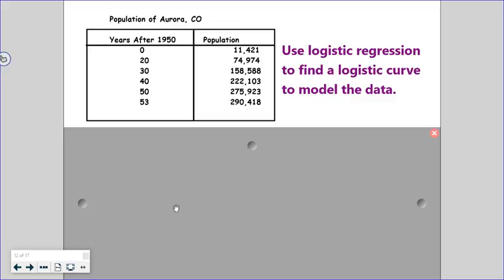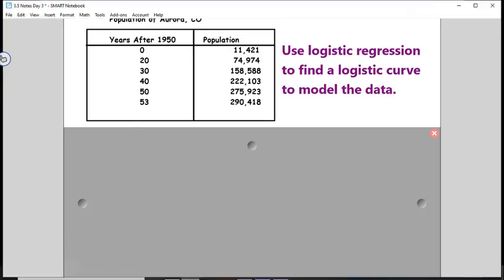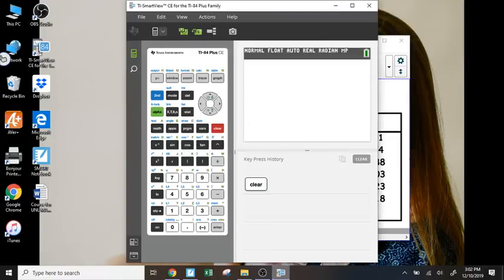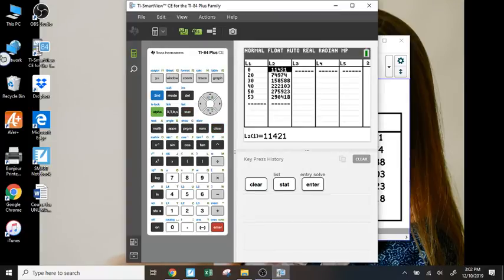Stat. We'll go to stat and then hit enter. And then to clear those out, you go clear, and then start typing it. Okay. I have this in here as well. So I have my data in there.